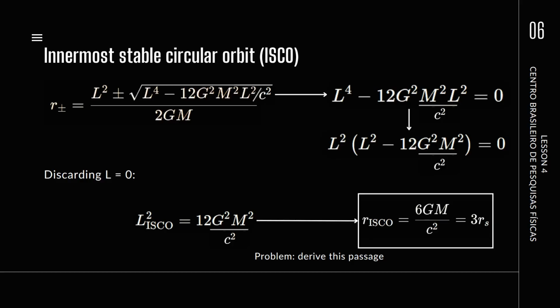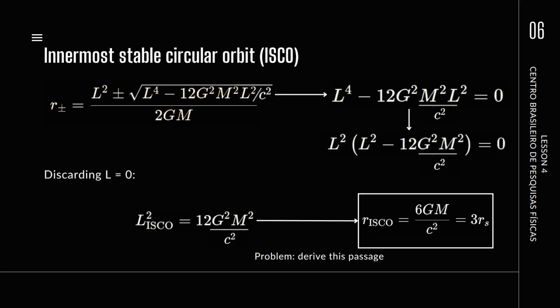Okay, and in a real scenario, this is basically impossible. So we always have angular momentum. We ignore this 0 solution, the trivial solution, and then we solve for L here, and we find that the minimum square of the angular momentum is this one here.